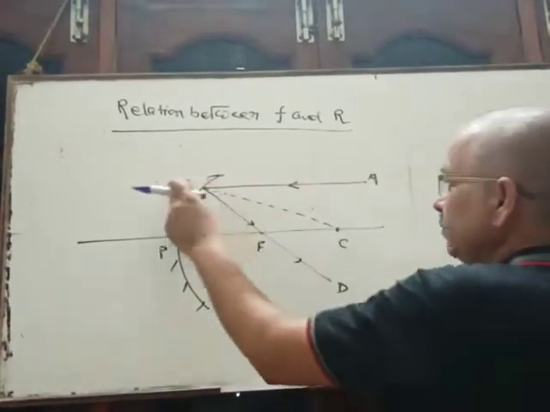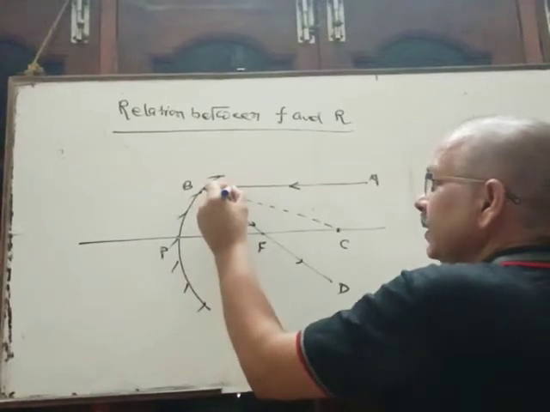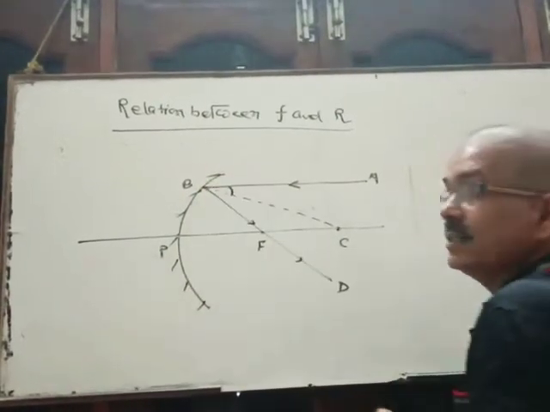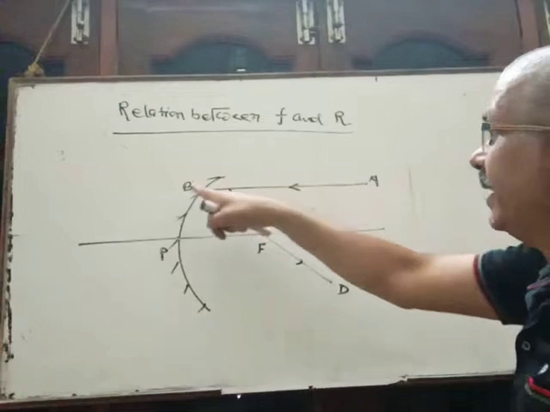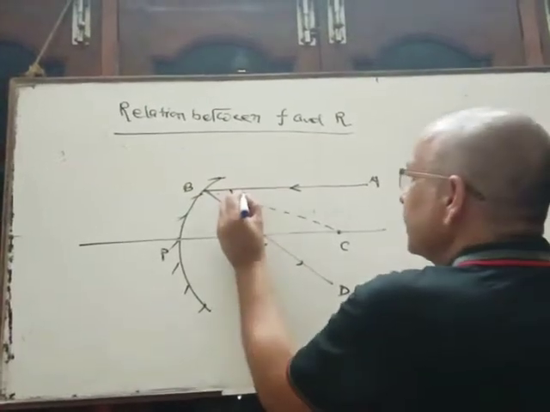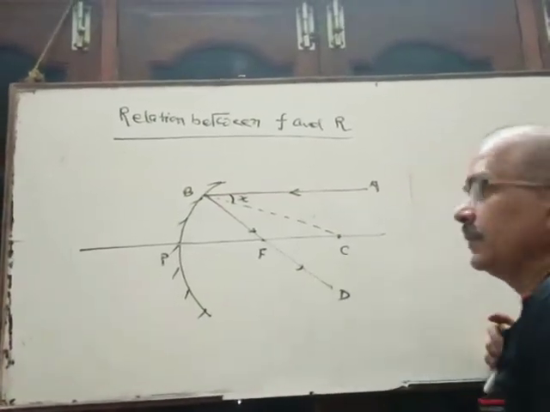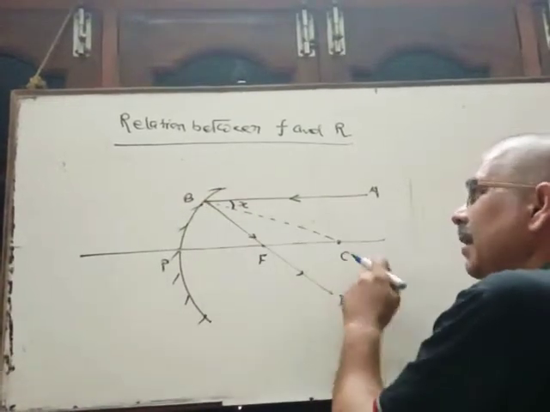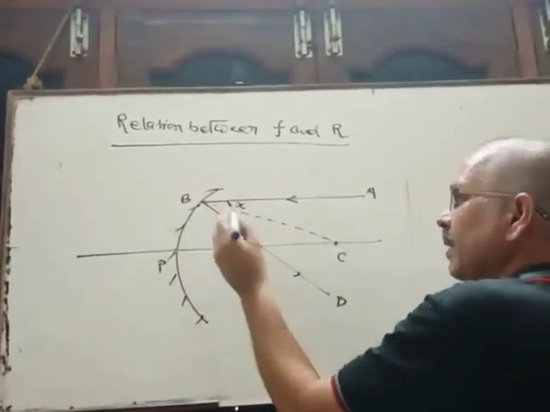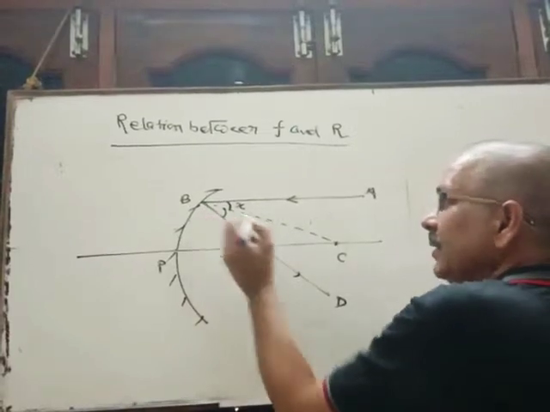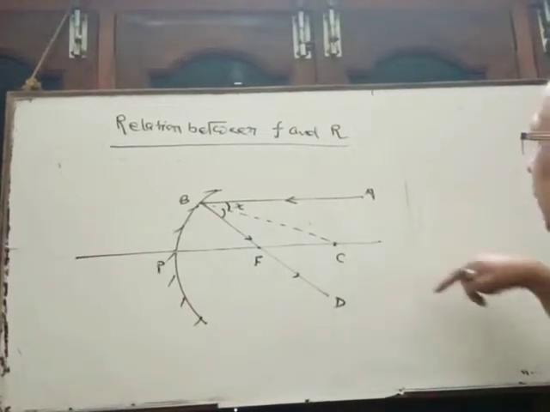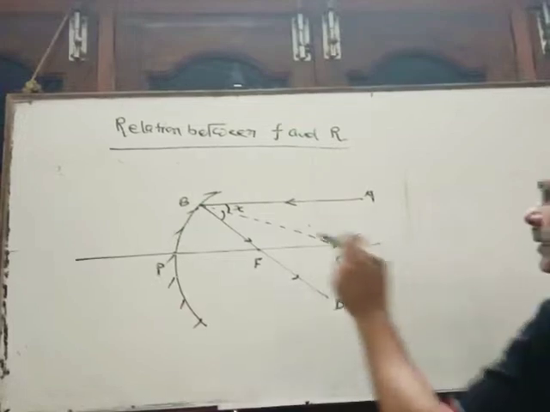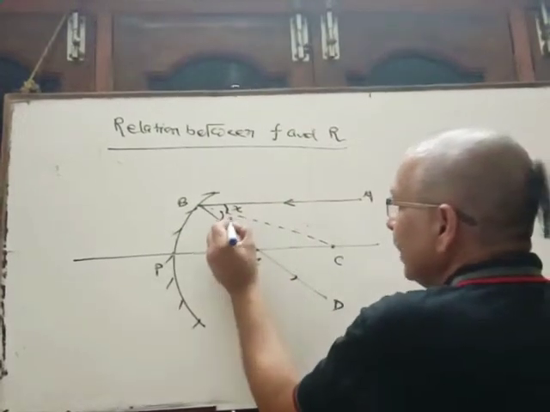Clear? And since BC is normal at point B, this is the angle of incidence, meaning the angle between the incident ray and the normal. Suppose it is X. Here BD is the reflected ray, BC is the normal, so the angle between the reflected ray and the normal is called the angle of reflection. And as you know, by the law of reflection, the angle of incidence is equal to the angle of reflection.